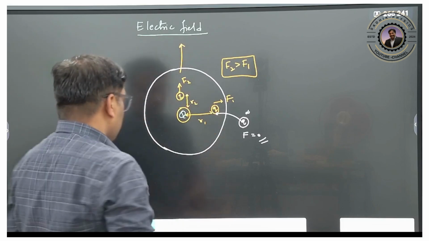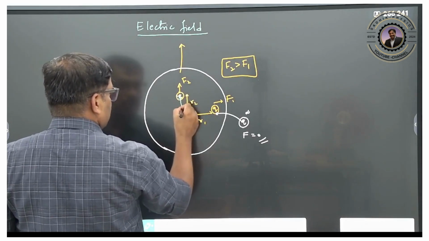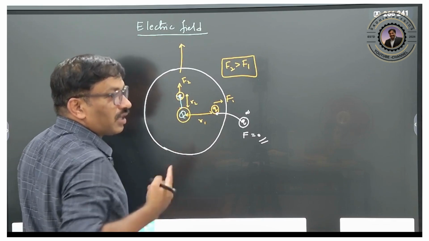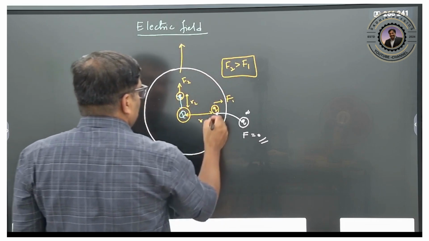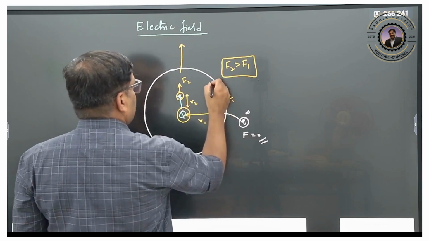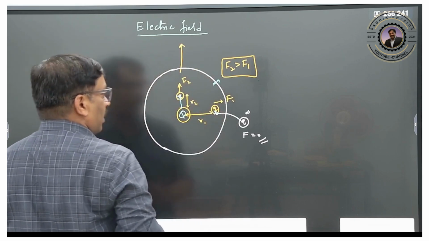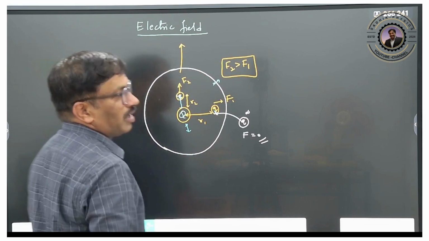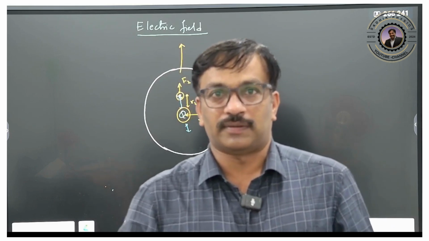So at the point very near, the field is stronger, meaning the intensity of the field is very high. At a farther point, the field intensity is slightly lesser. That means at different points the intensity is different.